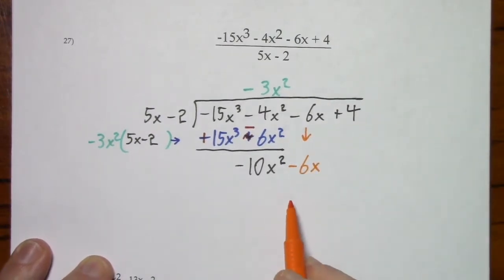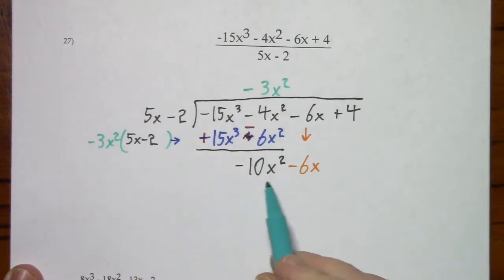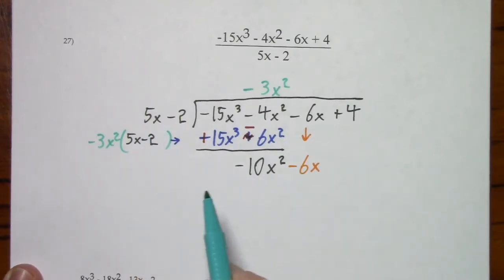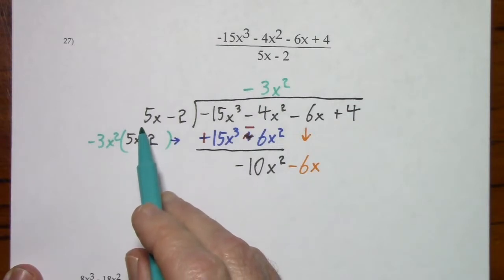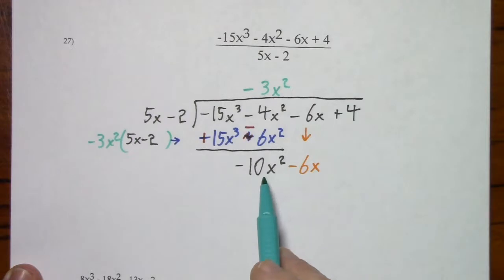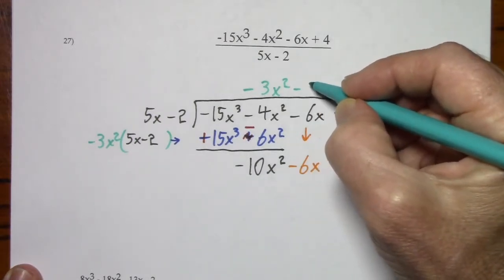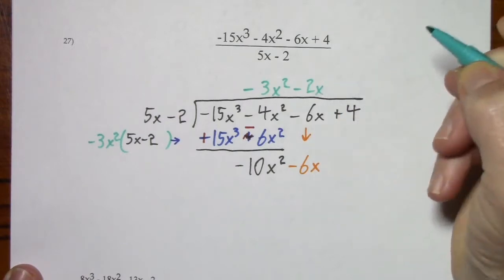And now we repeat the process. Focusing on the first term here and the first term here. What do we multiply this by to get this? Negative 2x. So we put negative 2x right here.